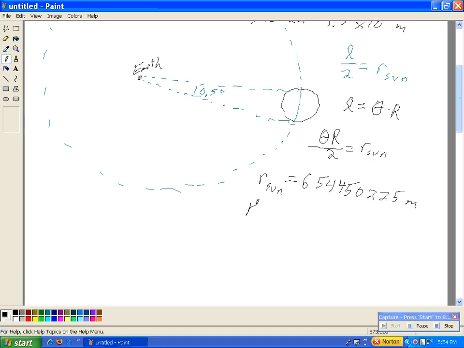Keep it in significant digits, and you get 7 times 10 to the 8 meters. This is the same thing as 7 times 10 to the 5 kilometers.